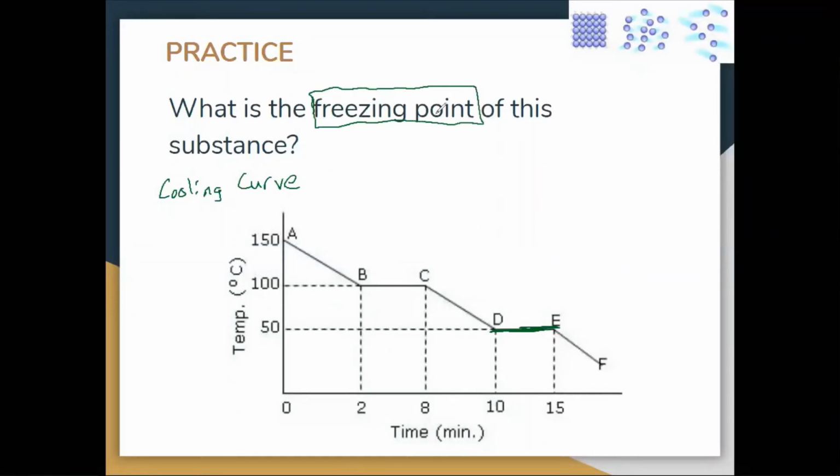A number. It's a number, right? That specifically is a temperature value. So D and E is where it happens, but what's the temperature that this happens at? 50 degrees Celsius. So then just get practice as far as reading these.